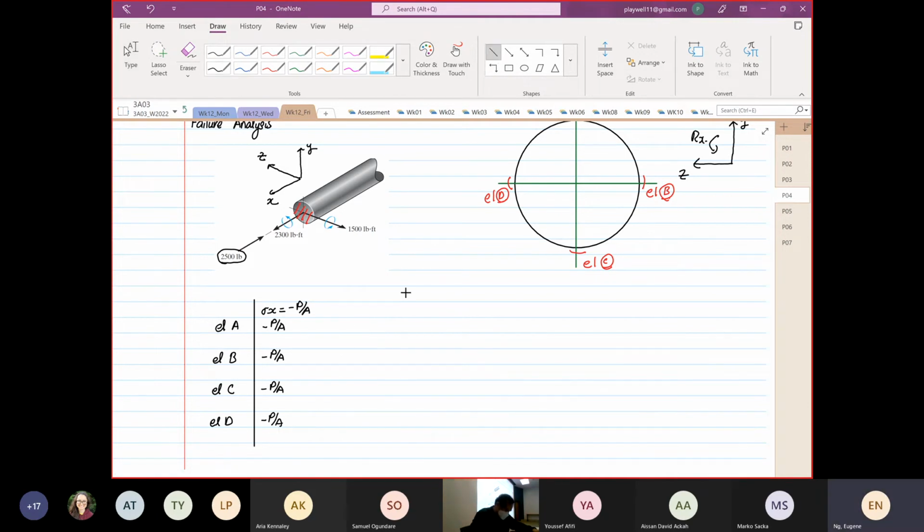Then the next thing that we're going to look at, we are going to look at stress X is equal to minus, or is equal to Mz over Izz multiplied by y. Okay. And if we look at moment about z, using the right hand rule, it is coming down this way.